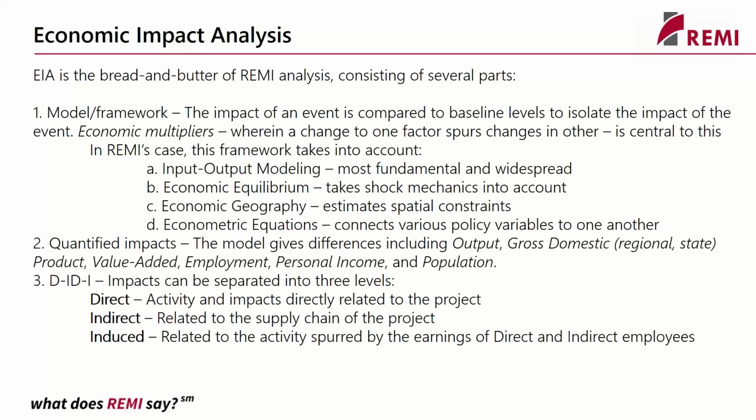And from those two, we get induced impacts. Oftentimes the induced impacts are missed in simpler forms of economic analysis. The REMI model does take into account induced impacts. And what that says is, well, there are direct employees, there are indirect employees. Those employees are then going to take their income, and like I mentioned with marginal propensity to consume, they're going to be spending those dollars on their own rent, or investing in or purchasing a house, investing in real estate.